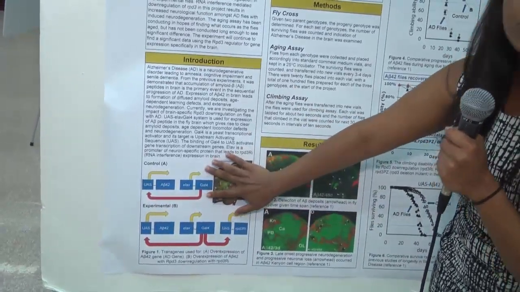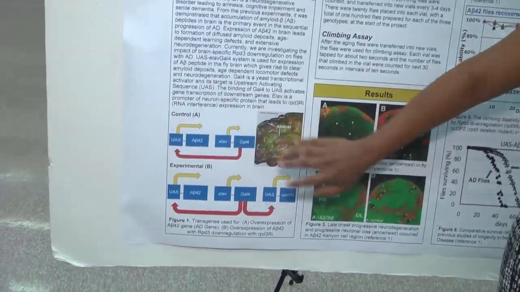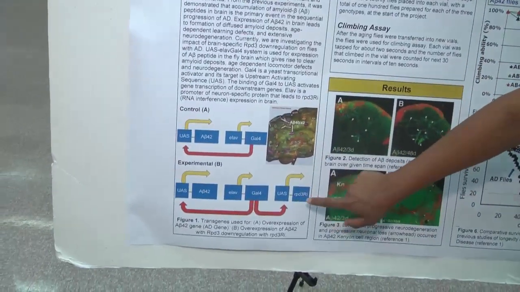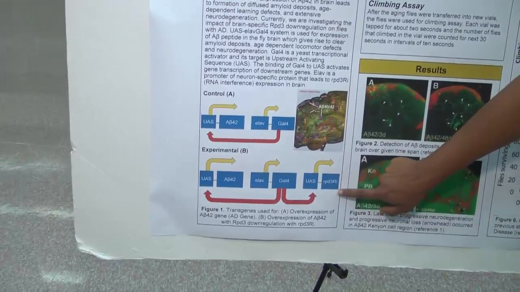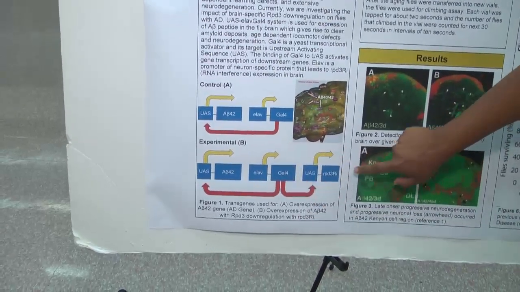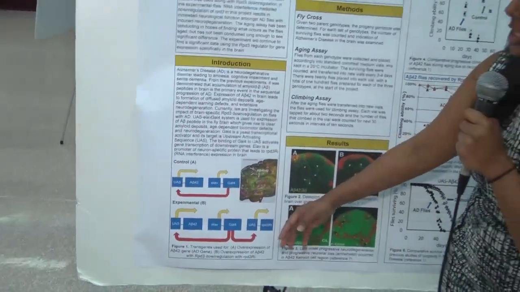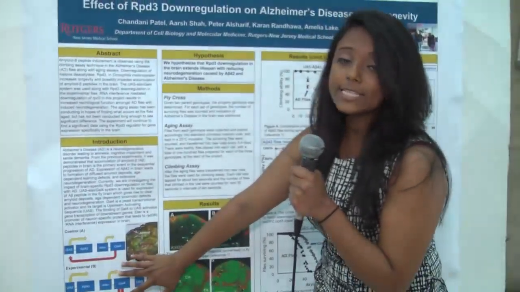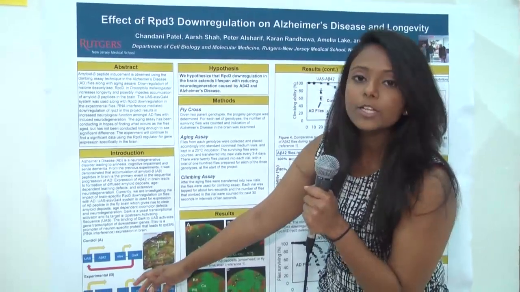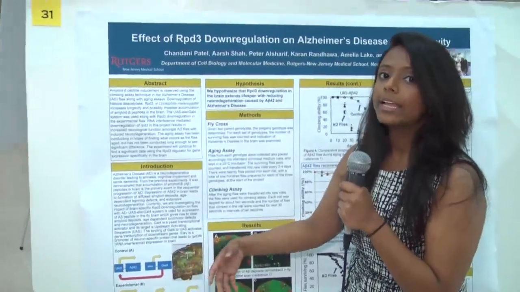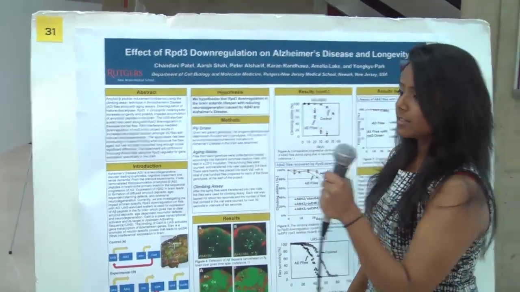So that was our control flies, the flies with Alzheimer's disease, and our experiment was to see the effect of RPD3 downregulation on Alzheimer's disease flies. We downregulate RPD3 using RNA interference, and we are trying to interfere with the UAS-GAL4 system to see if less expression of amyloid beta 42 will result in less neurodegeneration in flies.